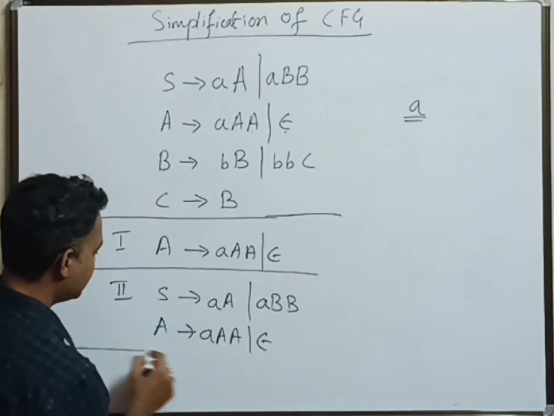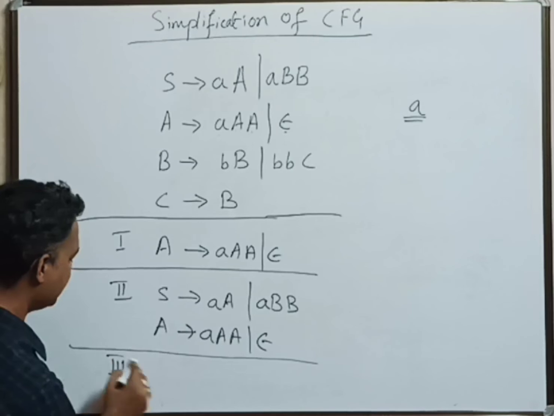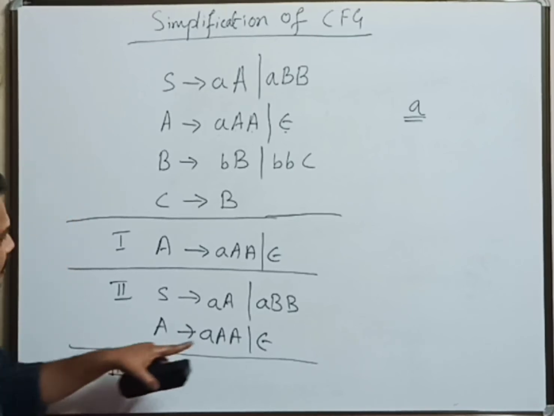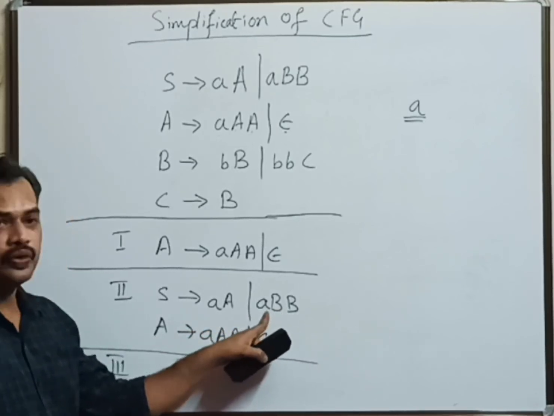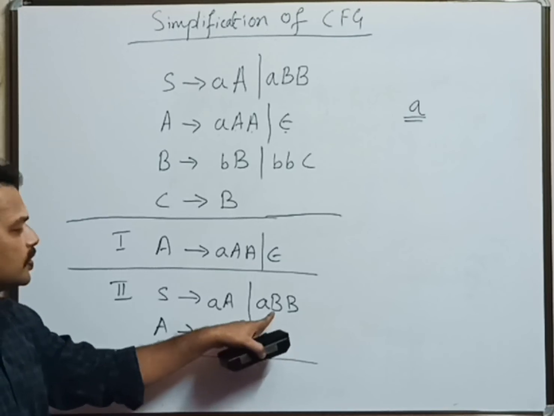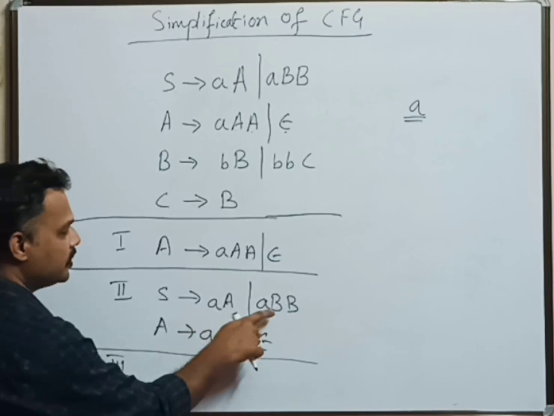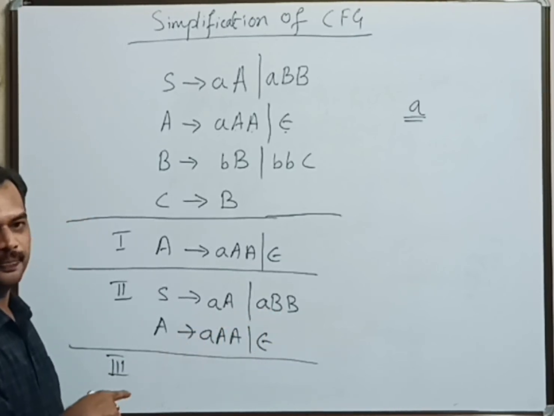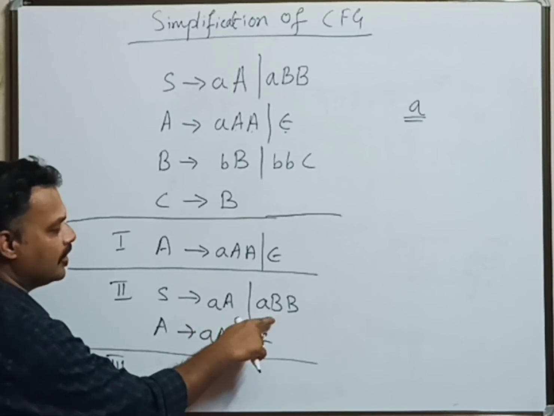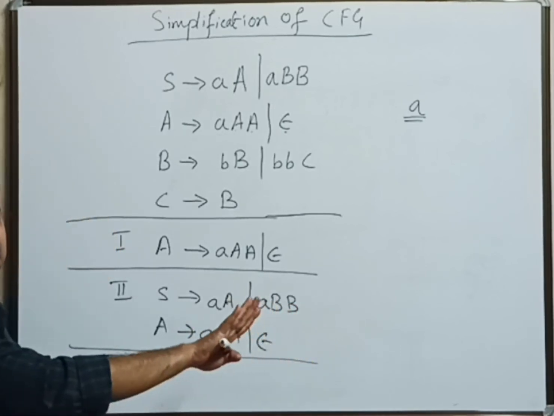Now in the third pass, you can see that the rule which involves the B variable is also taken into consideration, but now this B becomes unreachable. Since it is unreachable, we are supposed to remove it from the CFG.